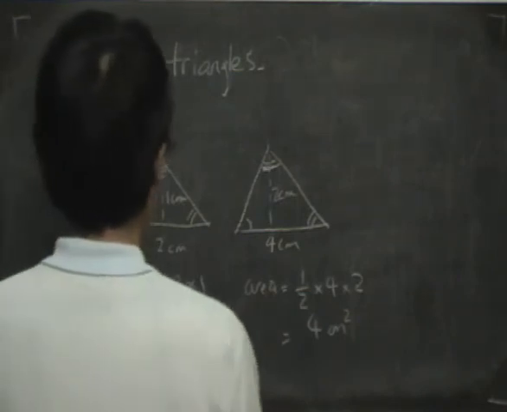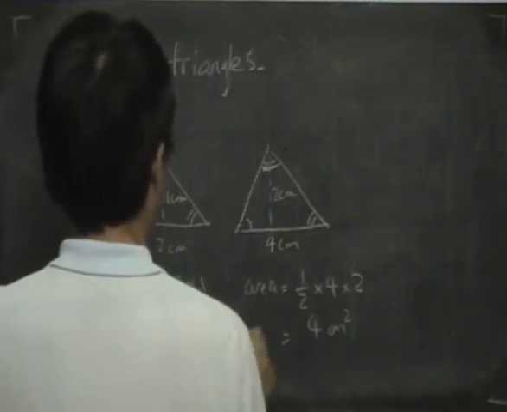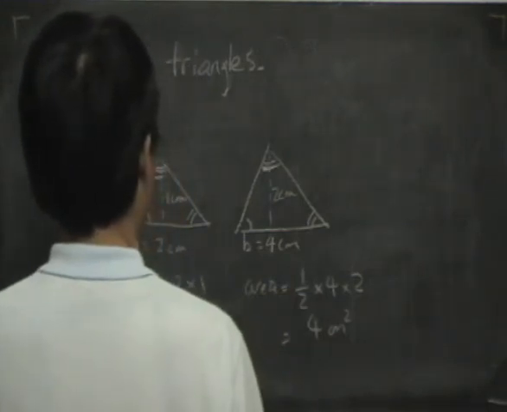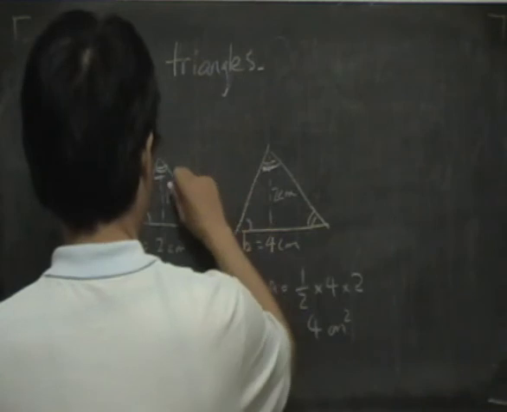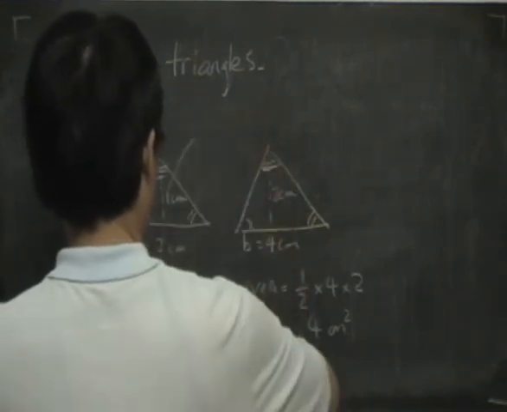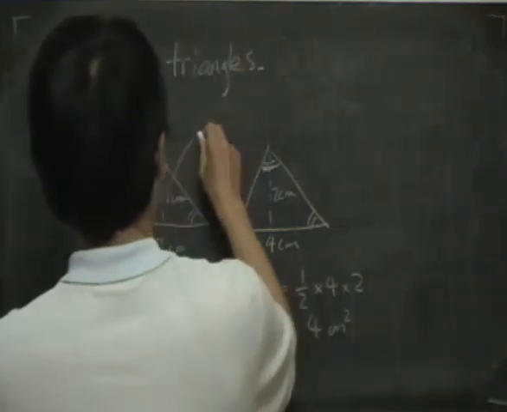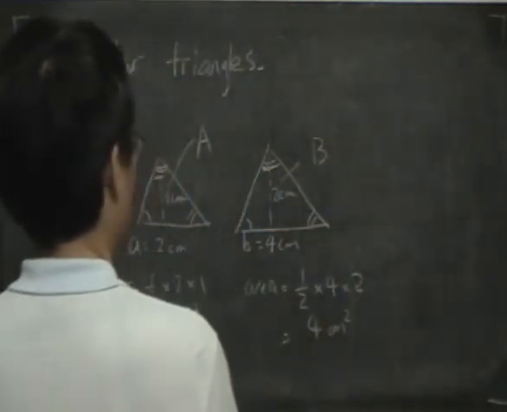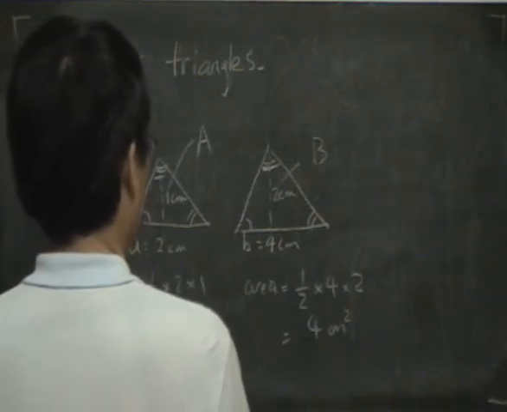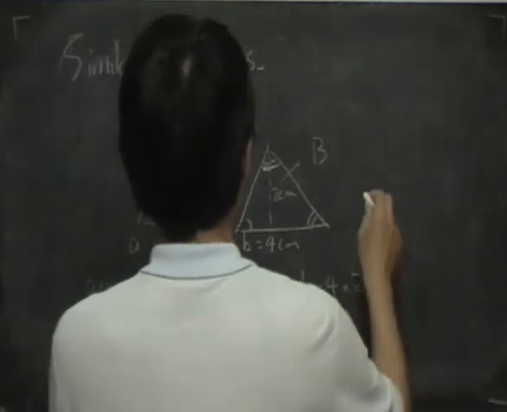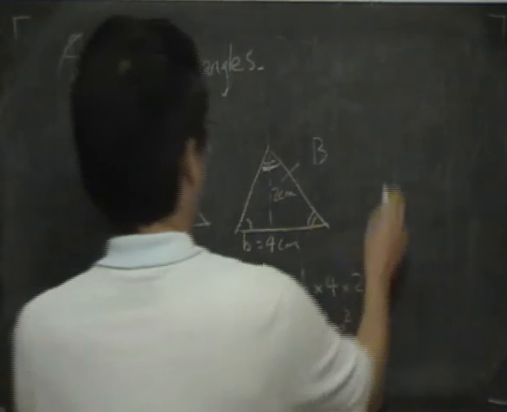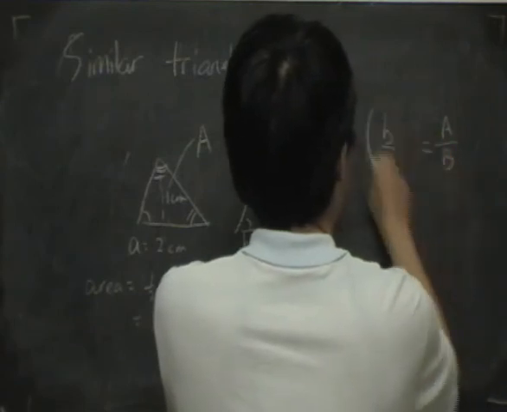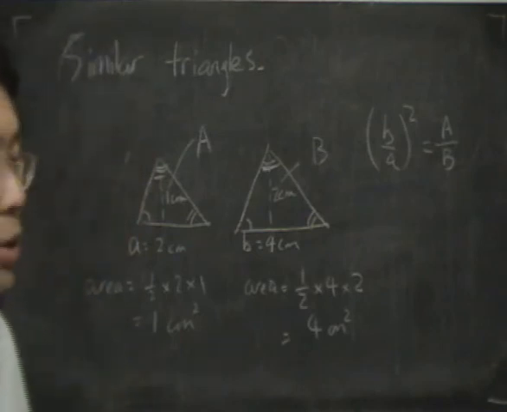Suppose that this side is a and this side is b, and suppose that this area is, I'll just call it big A, and this area is big B. Then the ratio b over a is related to the area big A over big B by this equation.